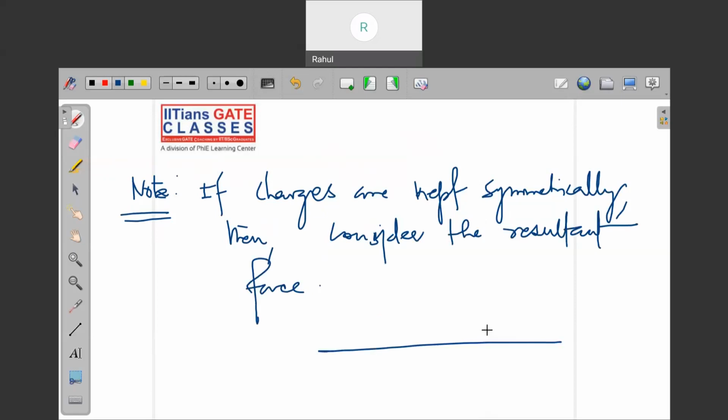I mean to say like this, charges are kept here, so what you have to do here is consider the resultant force.